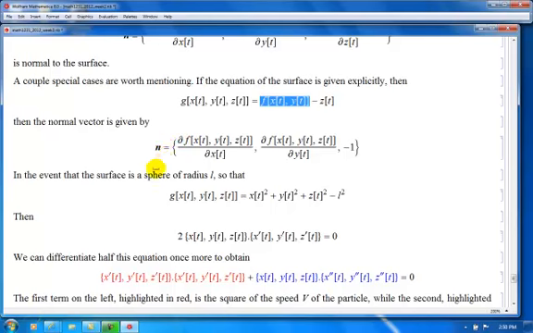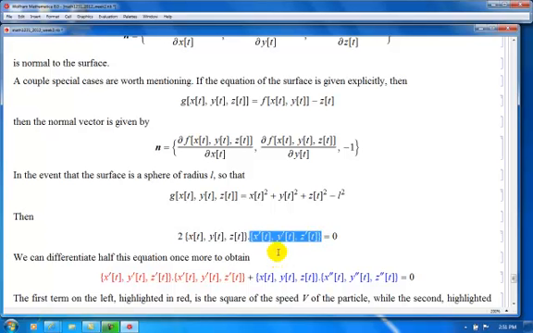Let's now look at this for the case of a sphere of radius L, so that our function g is just the Cartesian equation of a sphere, which is like so. Then if I differentiate that with respect to t, what I'll get is twice a vector x, y, z, which is just the coordinates of the point, which for a sphere is also a vector in the direction of the normal, and the scalar product with the velocity equals 0.